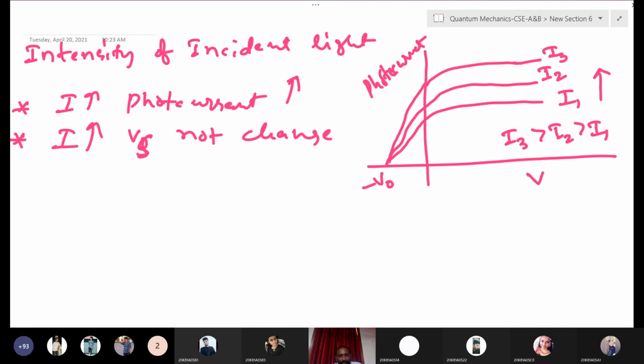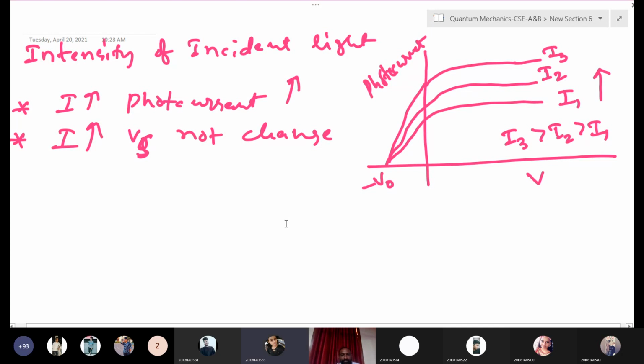Anyone, please think about this. Why is it not increasing? Please think about this and answer me tomorrow. Why is the stopping potential not changing even if you increase the intensity of incident light? Is the question clear?